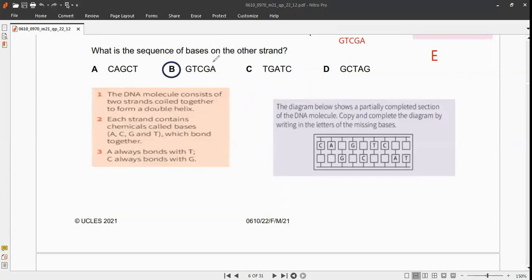Here C bonds with G, and A with T, and G with C, and G here with C, C with G, T with A, C with G, A with T, and T with A.